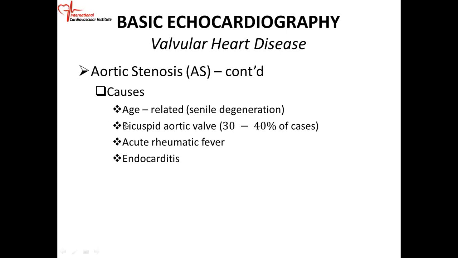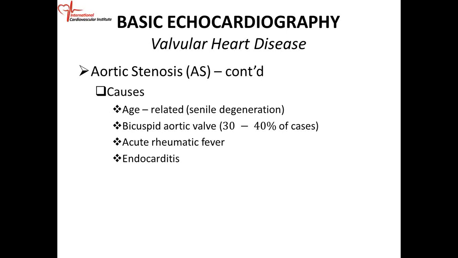Another big cause for aortic stenosis is bicuspid aortic valve. So remember, the normal aortic valve is supposed to have 3 leaflets. If it has 2 leaflets, then you're going to lose your laminar flow. You're going to get turbulence. Turbulence over time is going to cause the valve to become thickened and restricted.